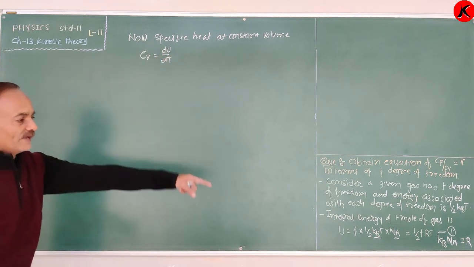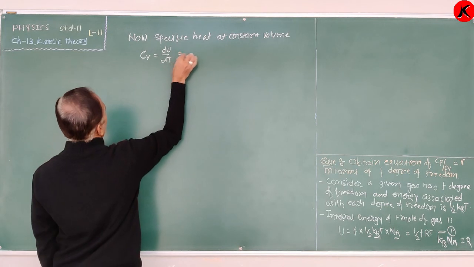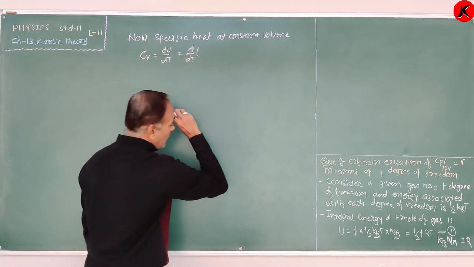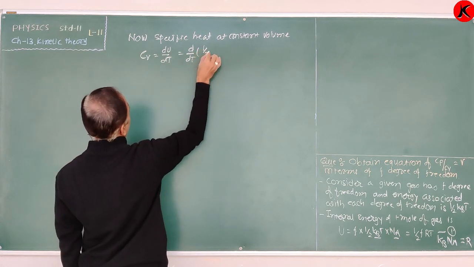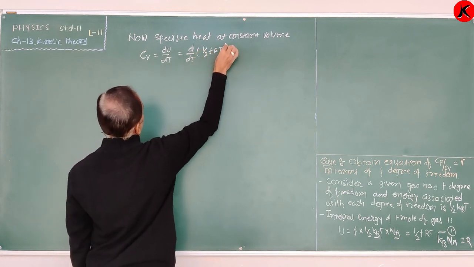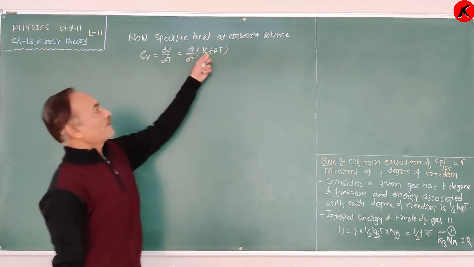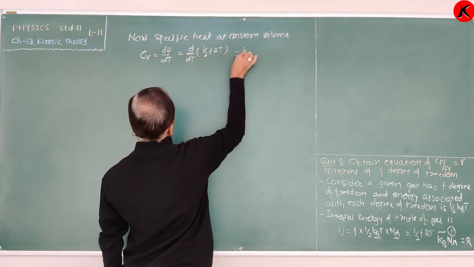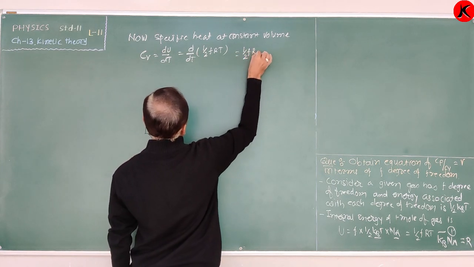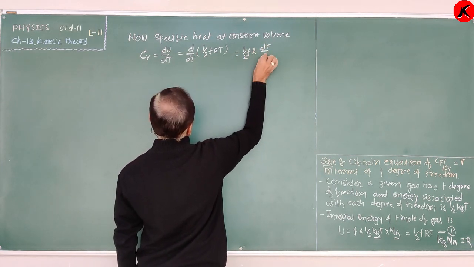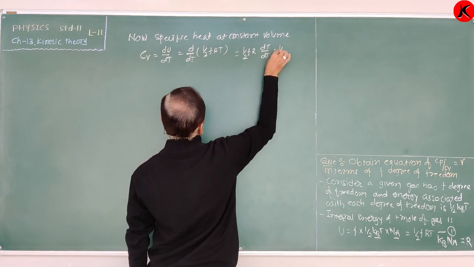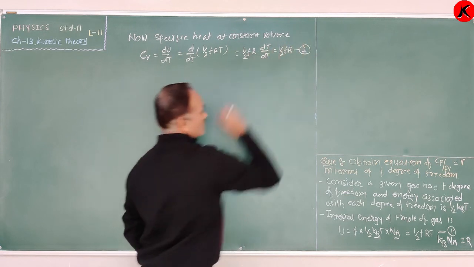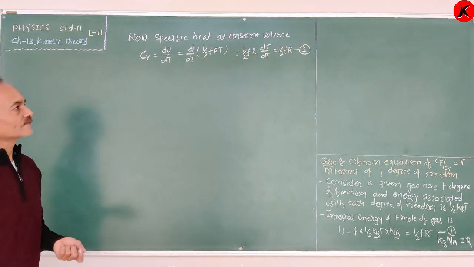Here we substitute the value of U. Therefore, d by dT of half FRT. Half, F constant, R constant are taken out. Therefore, half FR into dT upon dT, that is 1. Therefore, half FR is the value of Cv.